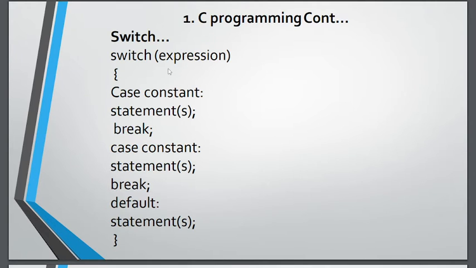So we switch on an expression and then we have case constant. This constant has to be a constant like 10, 20. So when we switch a case, a statement is executed. If the expression is not true, we go to the second case. If also it is not true, the program goes to default and executes the default statement, the last part here.